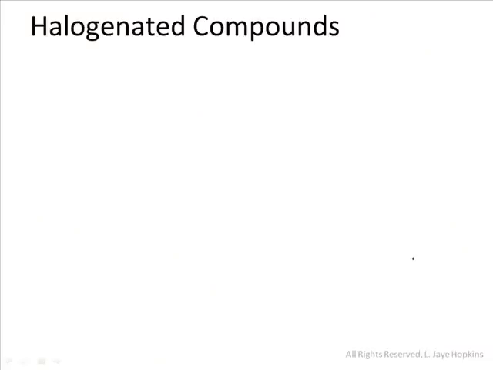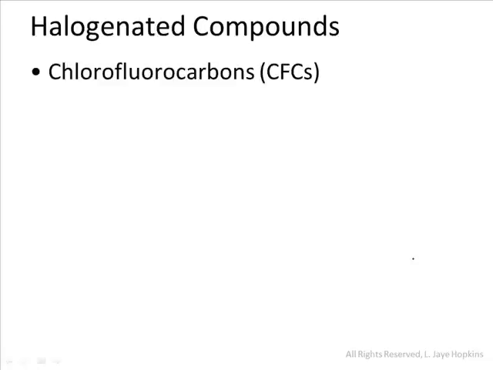Another very famous example of halogenated compounds is the broad class of molecules known as chlorofluorocarbons, or CFCs. CFCs have been in use for more than 100 years, and they were initially used in applications such as fire extinguishers.